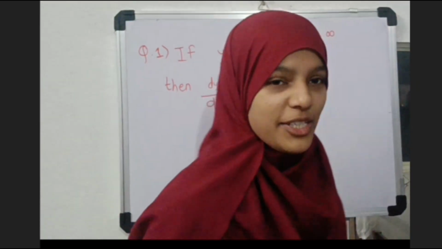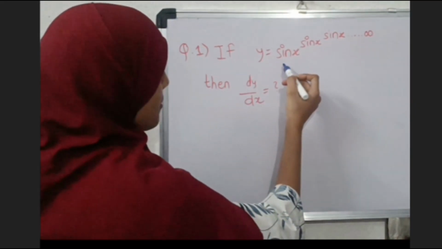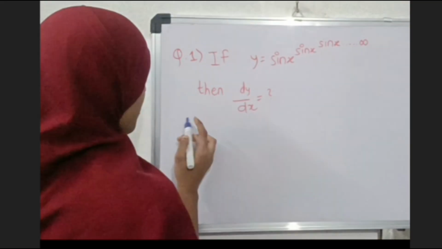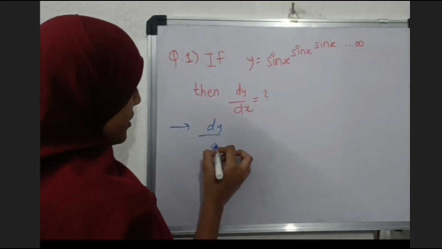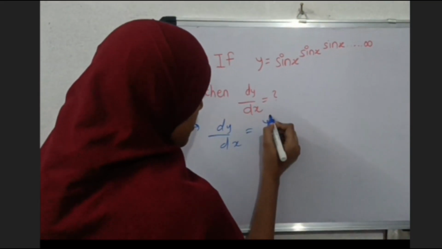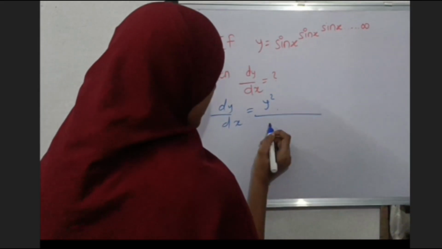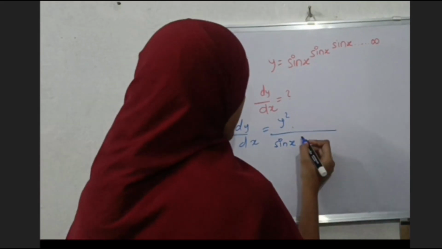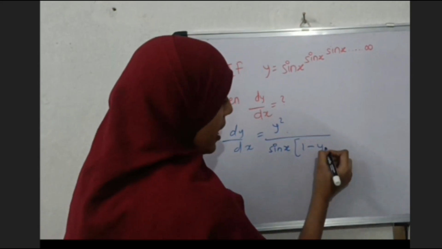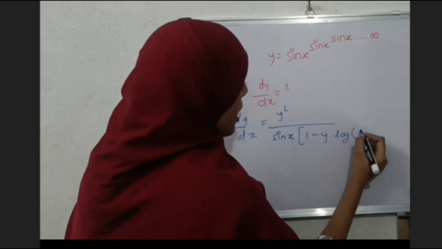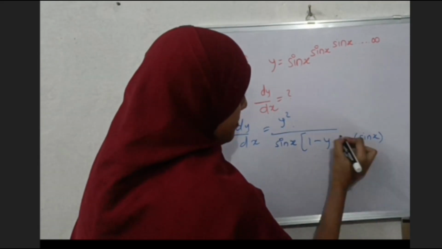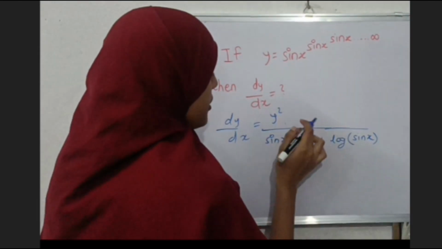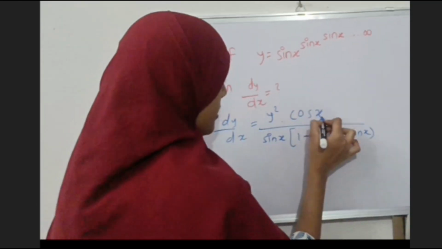Let's move towards our next question. We are given y is equal to sin x raised to sin x raised to sin x up to infinity, then what will be the dy by dx? So we know the dy by dx syntax, that is y square. Here we will take f dash x, and here will be f of x, which we can write as it is, sin x, and here we have 1 minus y as it is, and log of f of x, which we can directly write. Here f dash x is the derivative of sin x, that will be cos x.